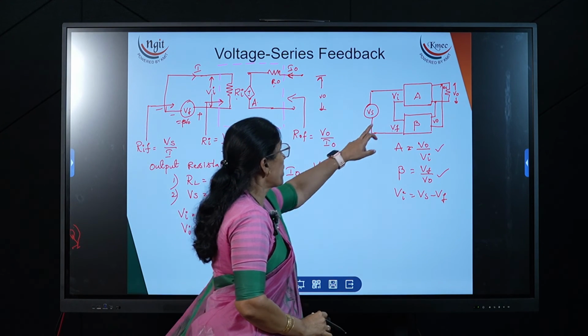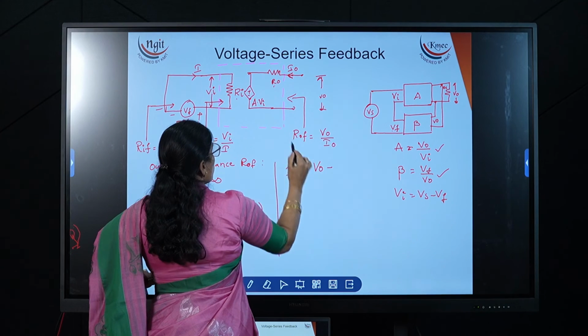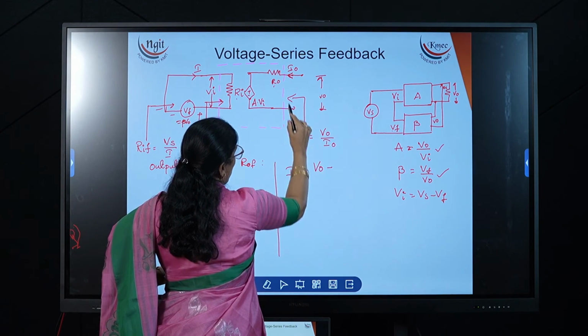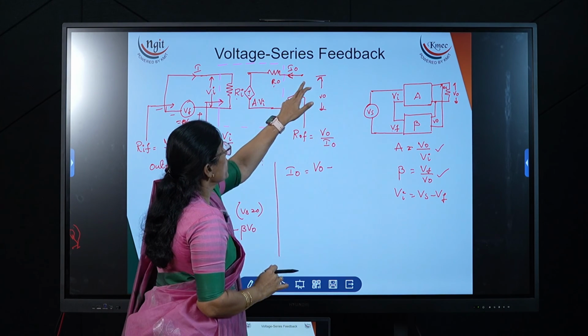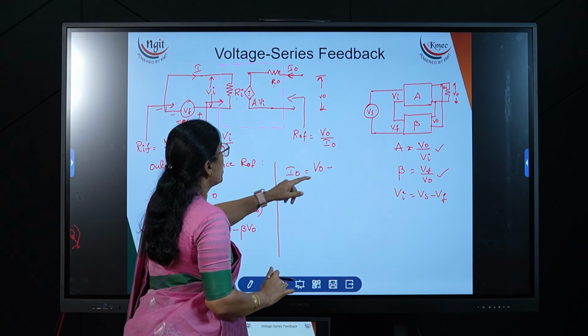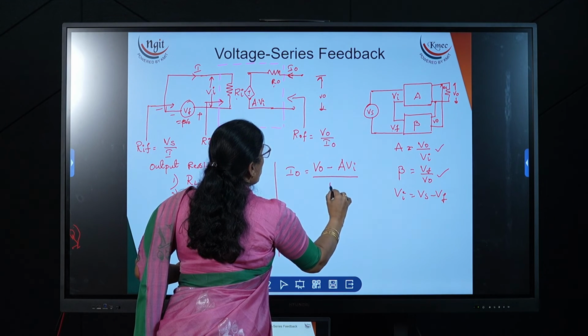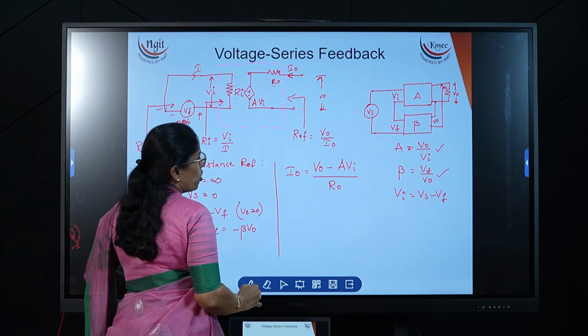Now here what is the input parameter? Vi. So A into Vi. So how can I write the expression for the I naught? I am taking the potential difference of these two, V naught minus A into Vi divided by R naught. This is the expression for the output current.